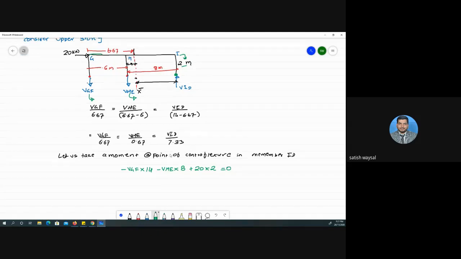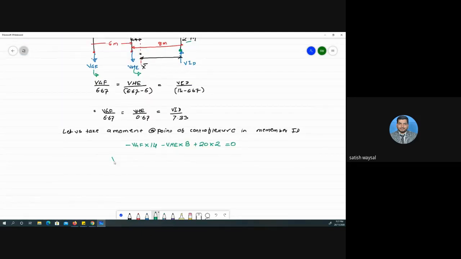So what relation can we use here? We have a relation: VGF over 6.67 is equal to VHE over 0.67. From that, what can you establish? Either you can convert VGF into VHE.